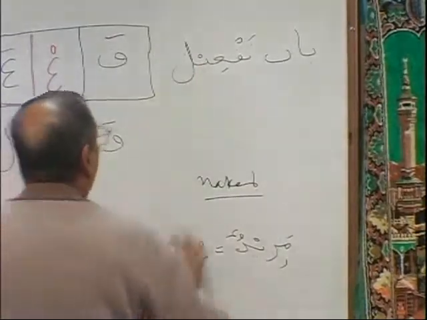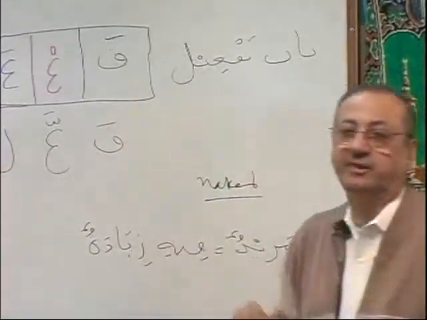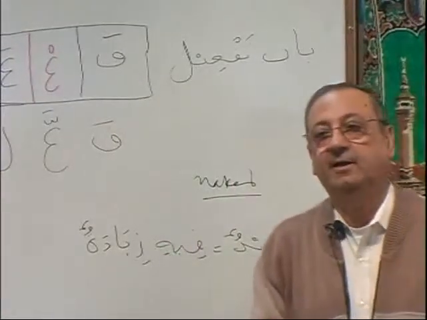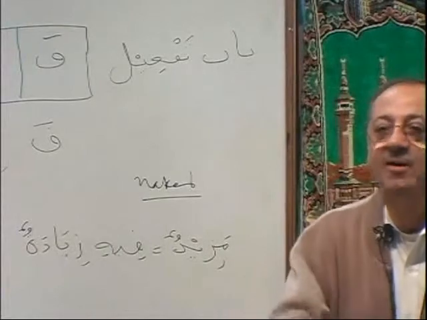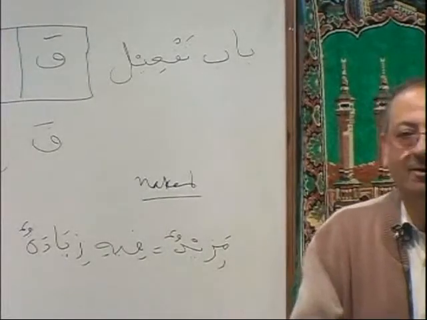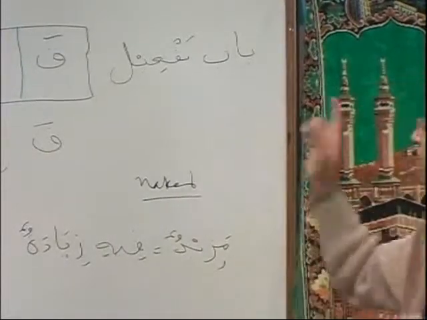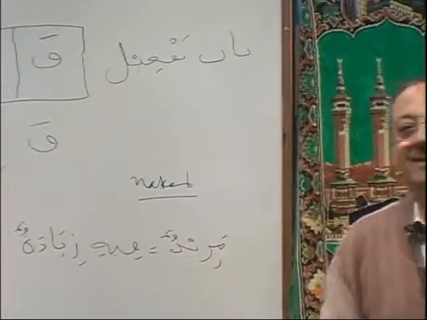Okay? Now, why do I insist on this, brother? Bab Tafa'il. Because this pattern will then become part of your mind, and every time you'll see this pattern, in a fraction of a second, this is the masdar from form 2.